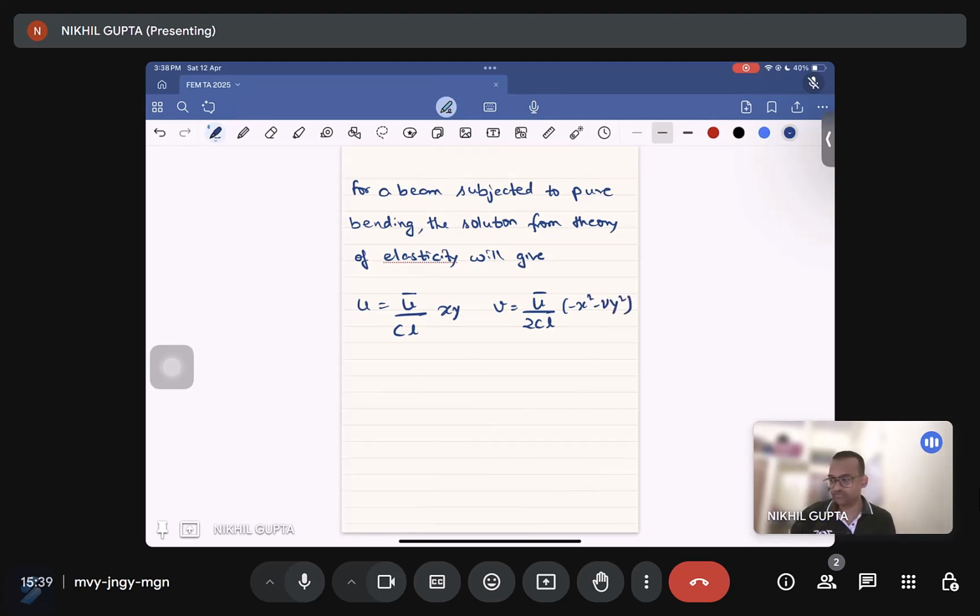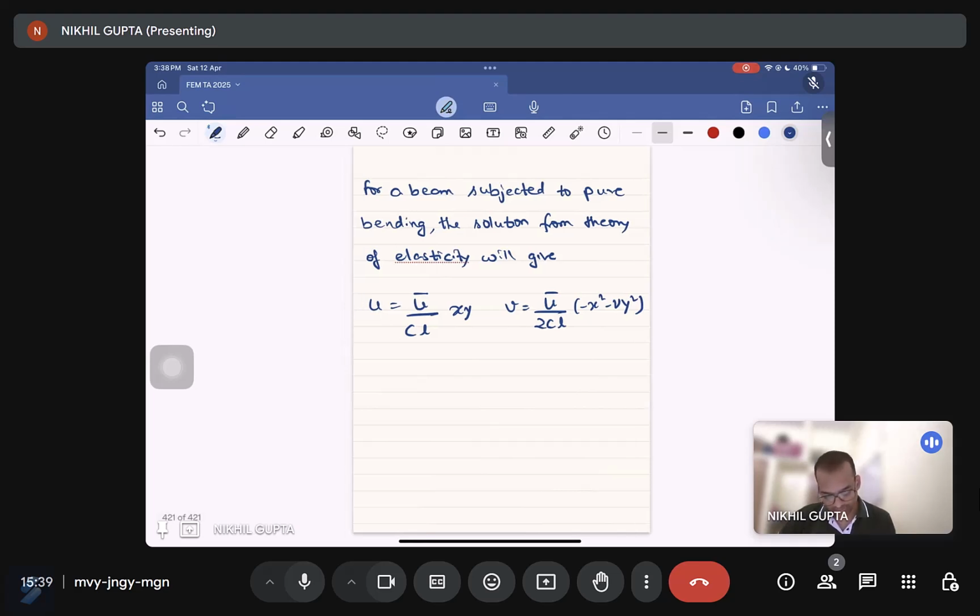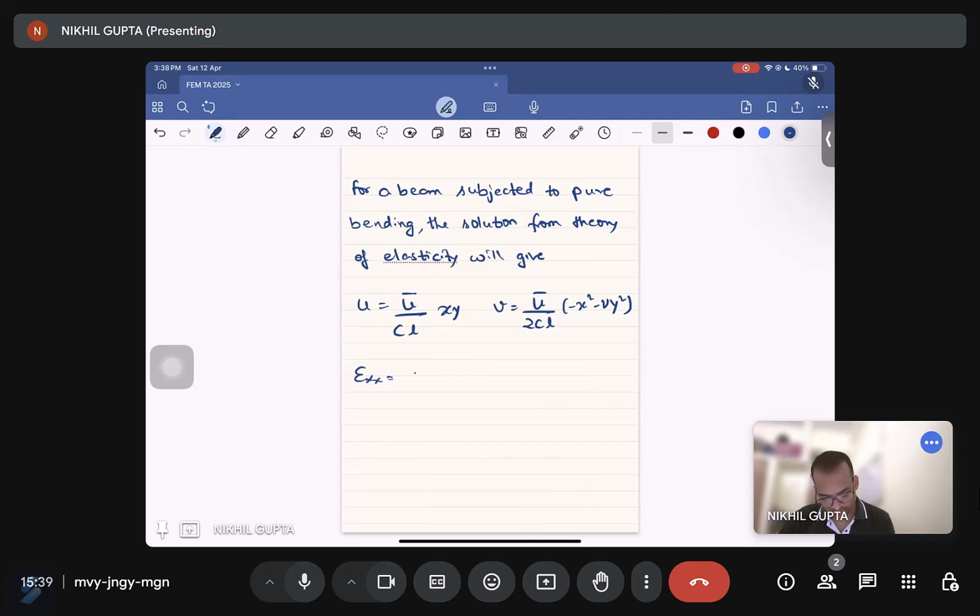So these are the solutions which we get from solving the problem with theory of elasticity. Correspondingly, epsilon xx is u bar by c l times y, epsilon yy is minus nu u bar by c l times y, and gamma xy is 0. So these are the answers we are getting. This is the exact solution. We haven't used any element or FEM here.